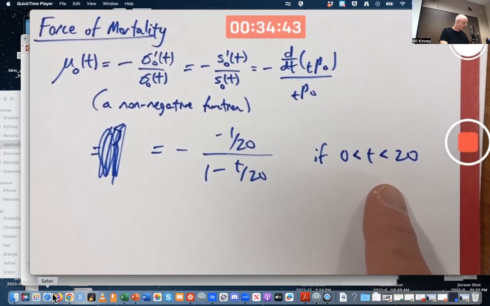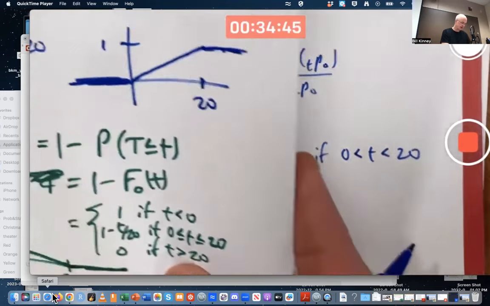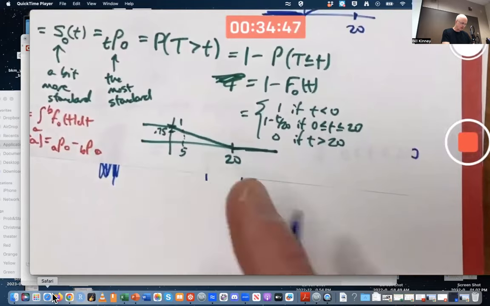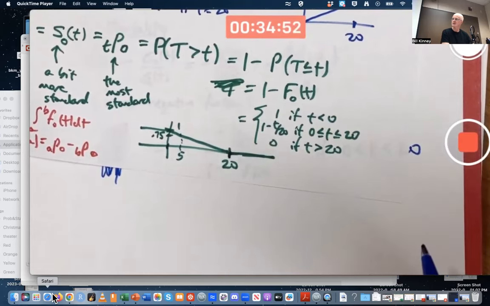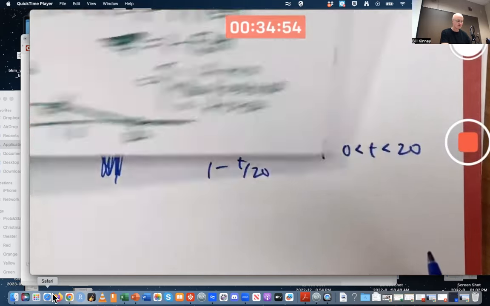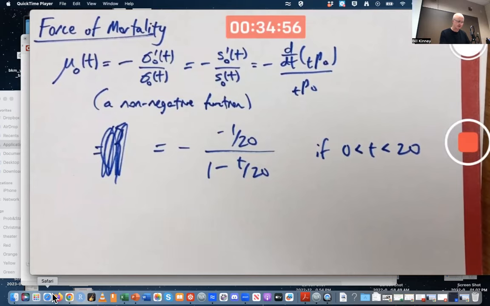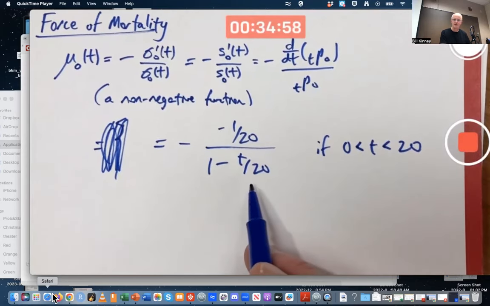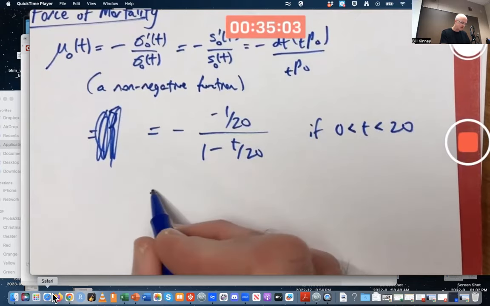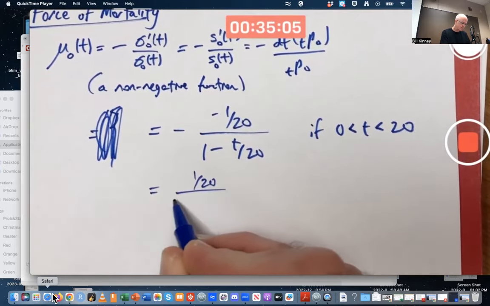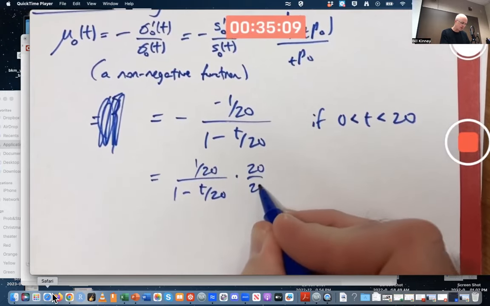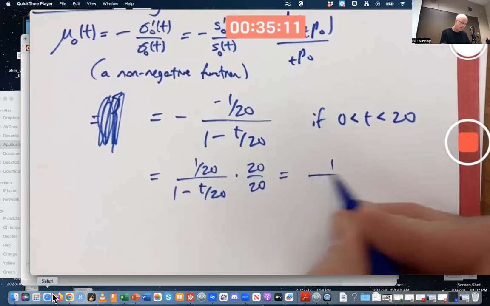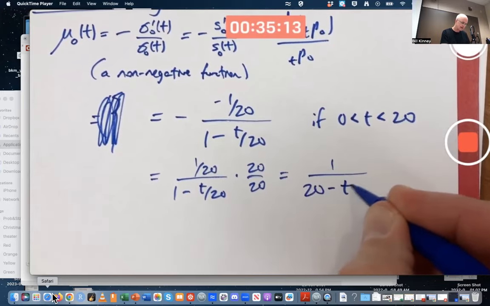Because that survival function, technically speaking, for this example at least, is not differentiable at 0 and 20. It's corners in the graph. That's not a super big deal for the 0. It is a big deal for the 20, because when t is 20 here, I'd be dividing by 0. The two negative signs cancel. And then this can be simplified a little bit by multiplying the top and the bottom both by 20 to get this.